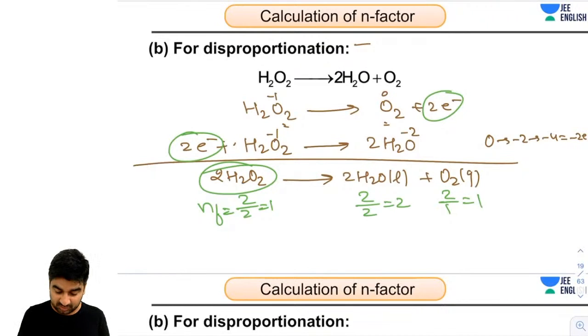No, n factor for H2O2 would be 1. Yes, I mean, n factor would be 1. Yes, do it. I hope now you are getting.